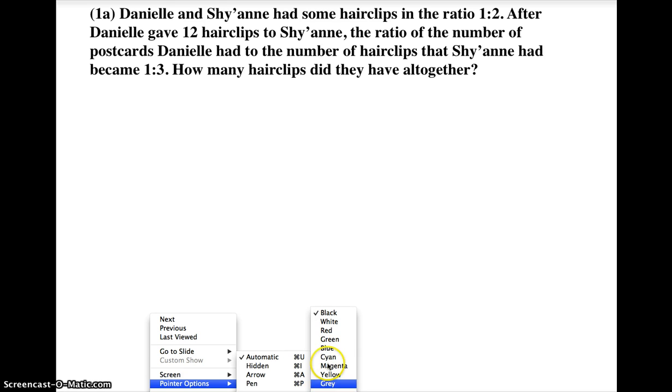Okay, so let's spend some time reading this question first and highlighting the important phrases that will help us solve it. So the most important phrase here in this question is, Danielle gave 12 hair clips to Cheyenne.